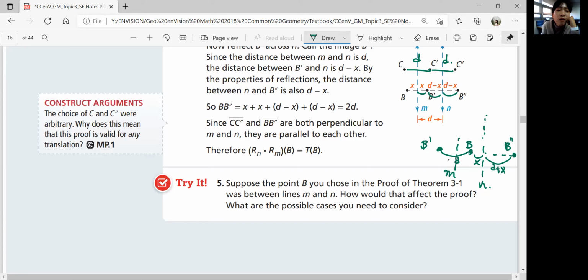So we still have D minus X plus D plus X, which is also equivalent to 2D.